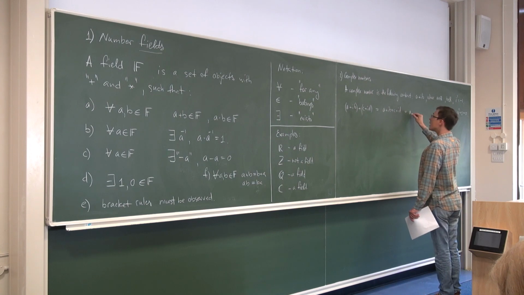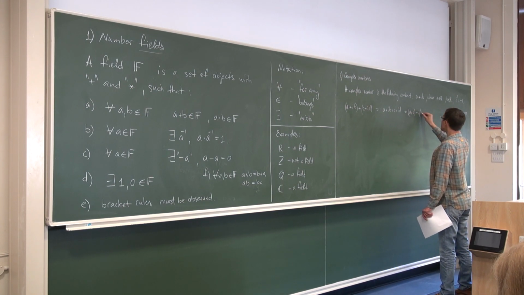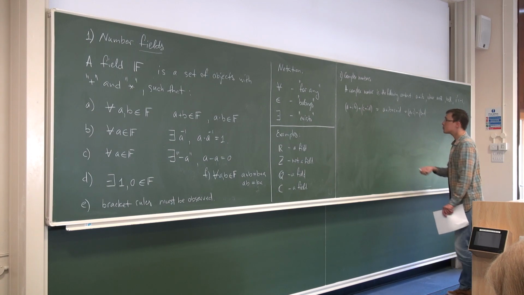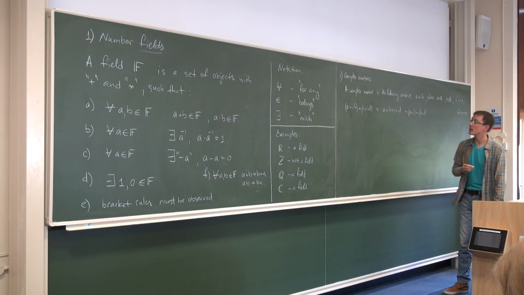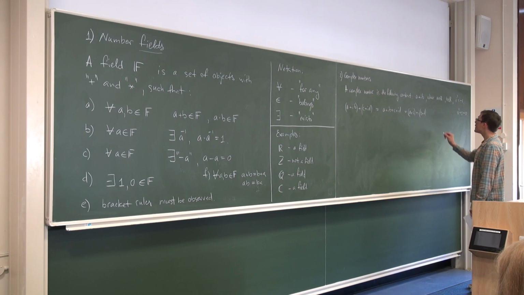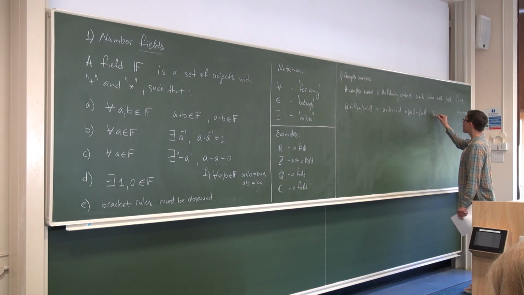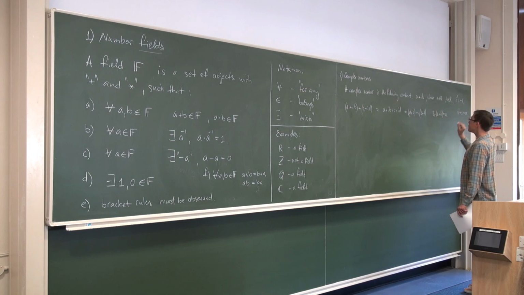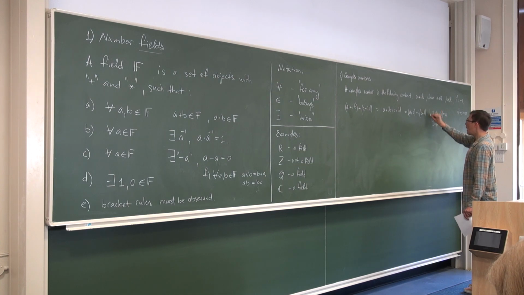So it's a plus c plus i(b plus d). So you just add the real part and add the imaginary part, where the real and the imaginary parts are defined in the following way. The real part of a plus ib is a, and the imaginary part of a plus ib is b.